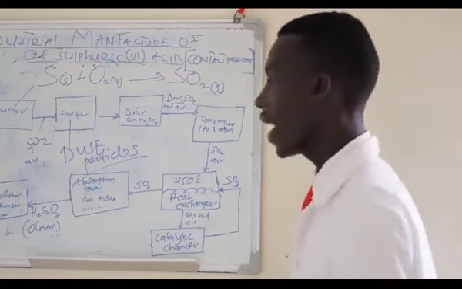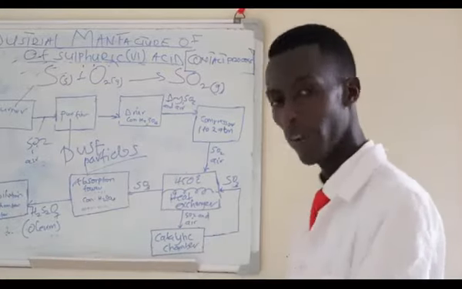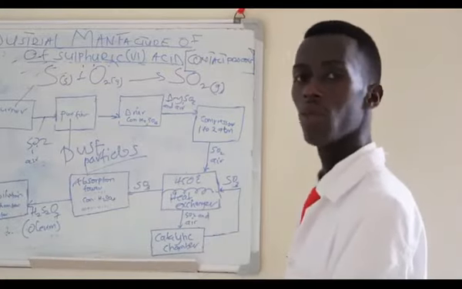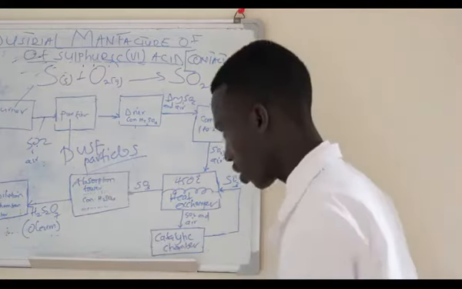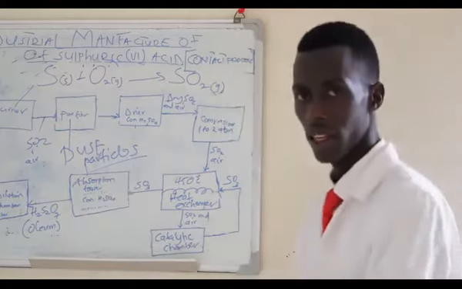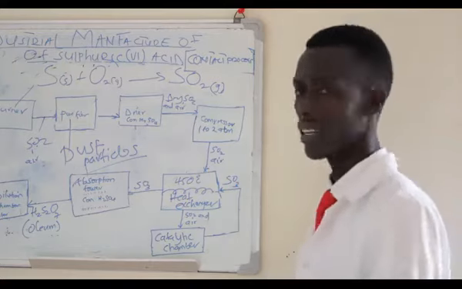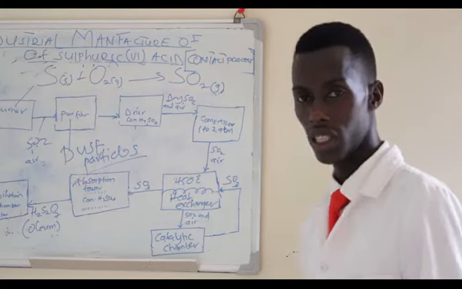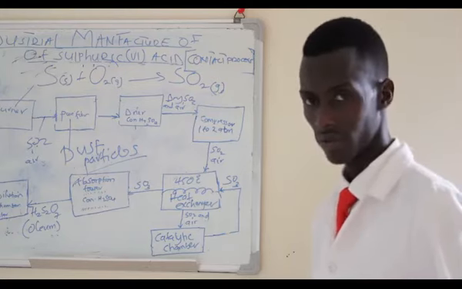Now the air and sulfur dioxide have been purified. They are taken into the next chamber, which is the dryer. What is the purpose of the dryer? The dryer is there to dry the gas. We are drying the gas using a drying agent, which is concentrated sulfuric acid.